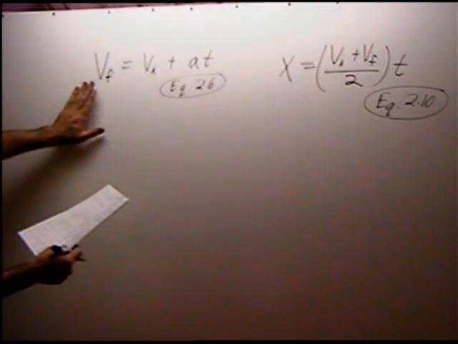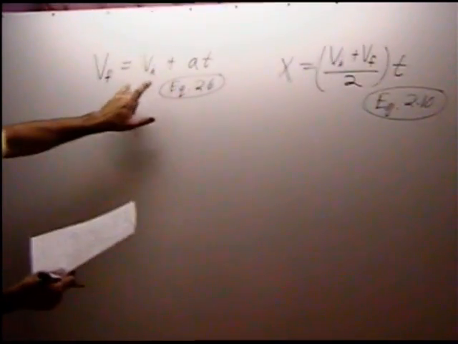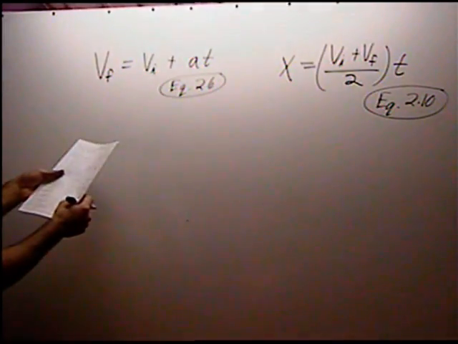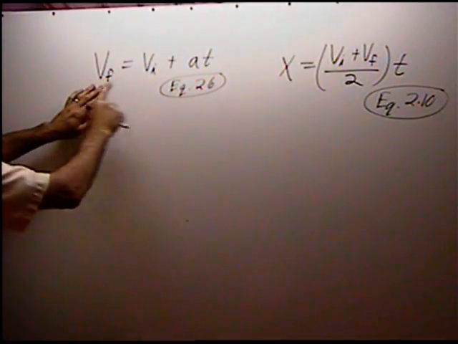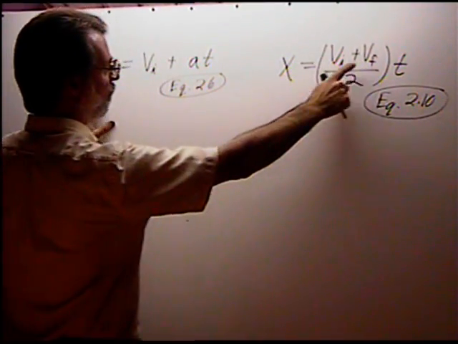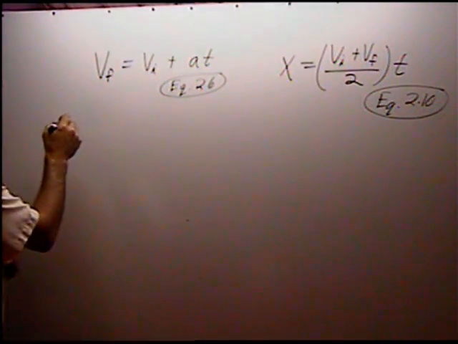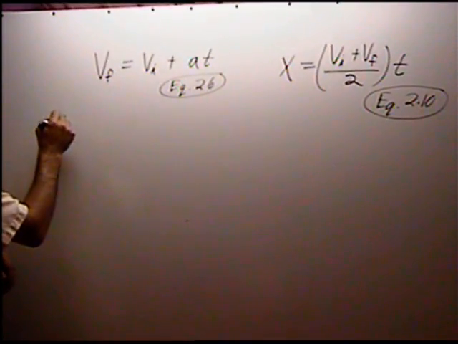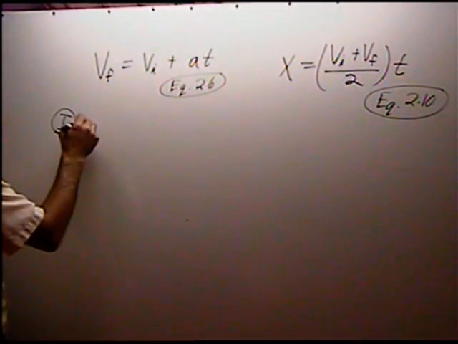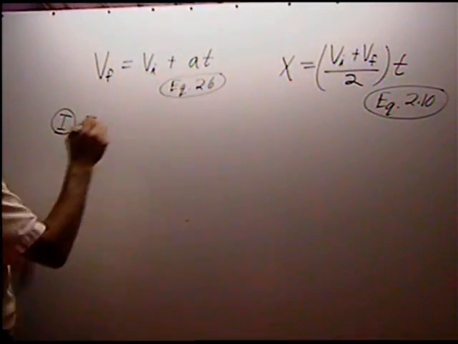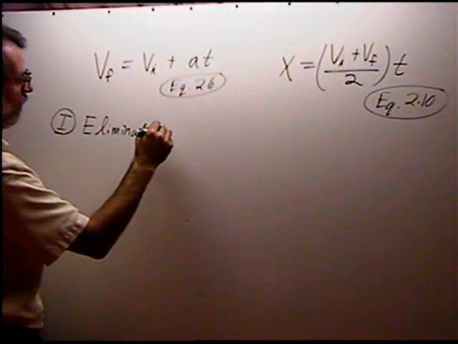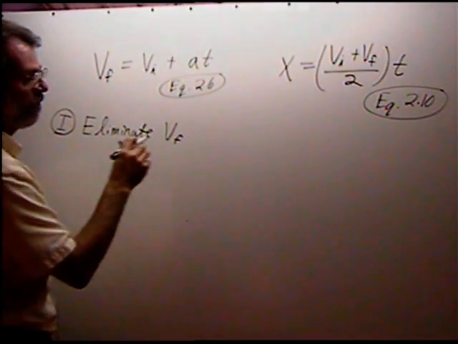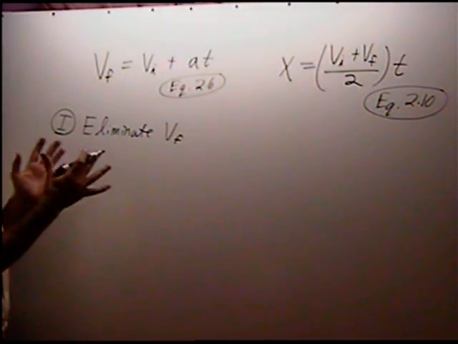Now, over here, what I'm going to do is I'm going to take these two equations. Notice that both equations have the final velocity in them. There's a final velocity here, and there's a final velocity here. I'm going to solve these two equations, and I'm going to eliminate the final velocity from both equations.